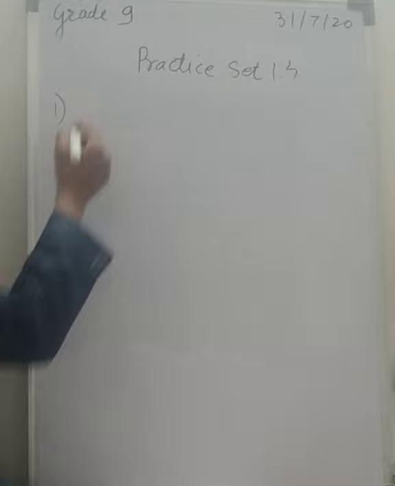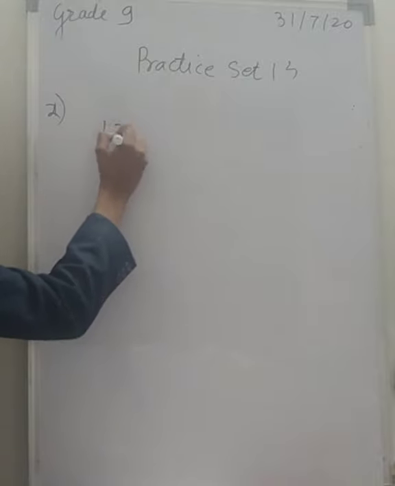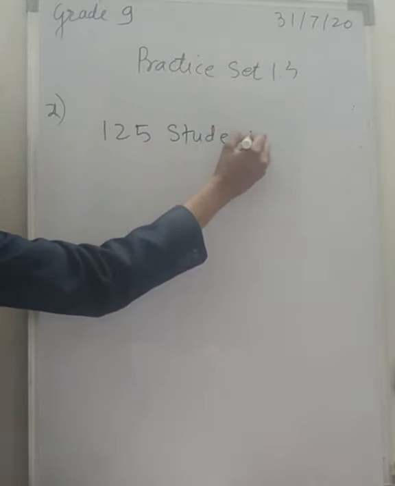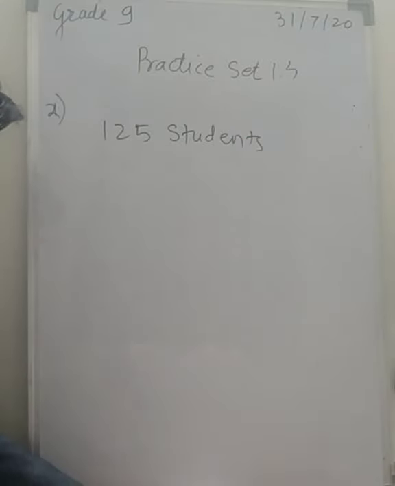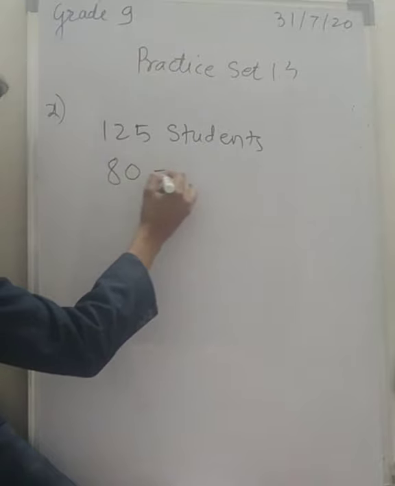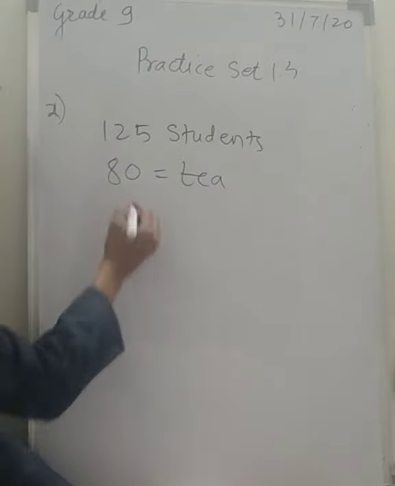The second question is, in a hostel there are 125 students. Out of which 80 drink tea. 80 students drink tea. 60 students drink coffee.